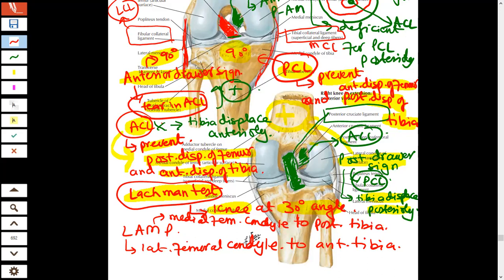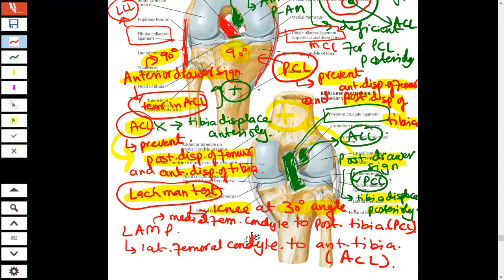Okay, so lateral femoral condyle to anterior tibia, it is your what? It is your ACL. Medial femoral condyle to posterior tibia, it is your what? It is your PCL. Okay, so this is how you are going to remember it. Lateral femoral condyle to anterior tibia, it is your anterior cruciate ligament.